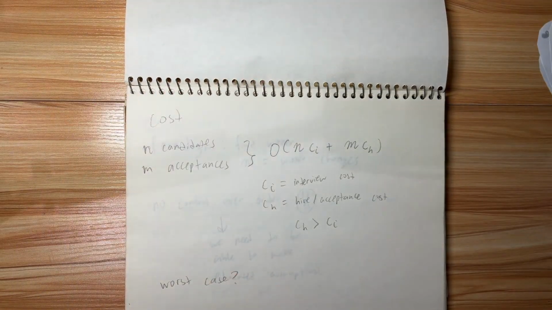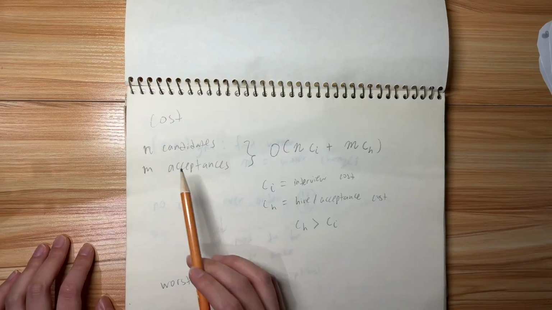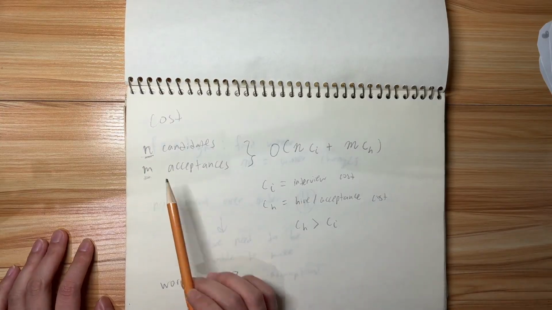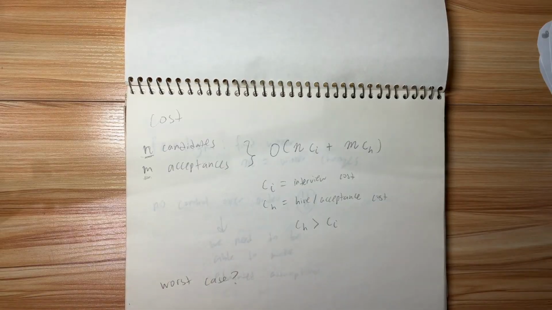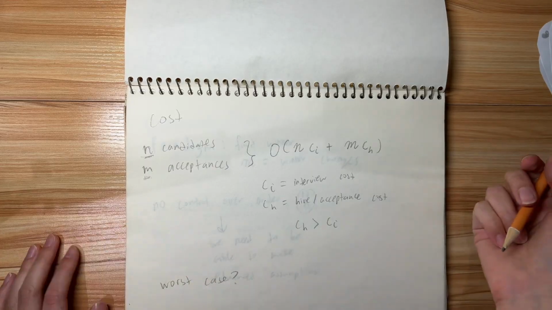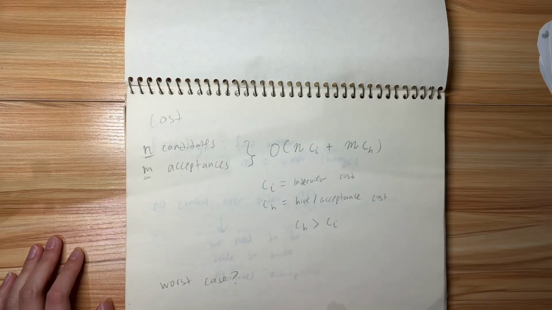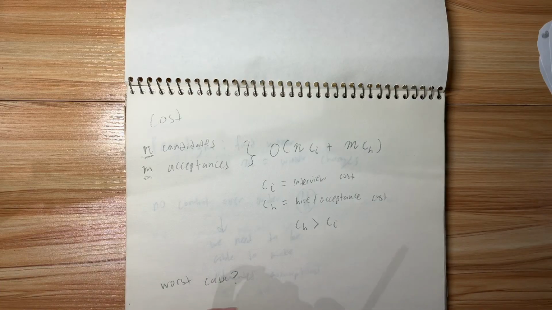Now, let's think about the cost of this algorithm. So let's say we have n candidates and we have m acceptances. What I mean by acceptances is how many times you accept a disciple, or you hire that person, so to speak. In the example we just went over, we had 3 acceptances because we accept the first one, we go to the second one, we find out she's better, so we accept her, and then we go to the third one, we find out he's better, so we accept him, right?